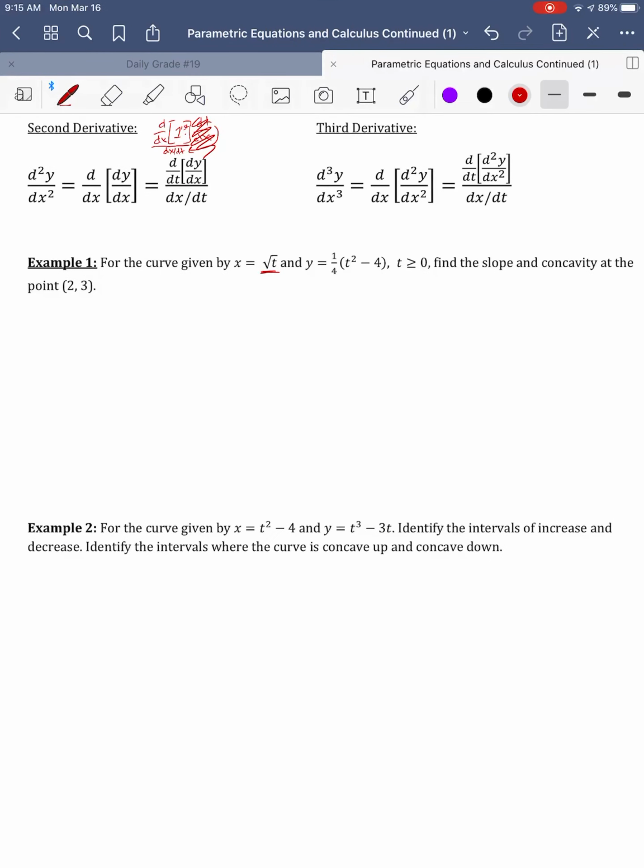All right, well, to find the slope at the point, what I need is t. Remember, t is controlling these things. So if x is 2 and y is 3, say 2 equals the square root of t, and 3 equals 1/4 t squared minus 4, and then solve both of those.